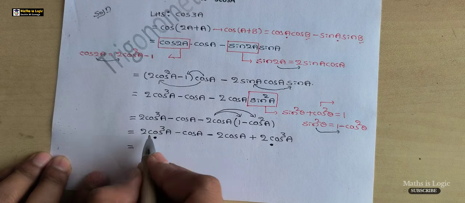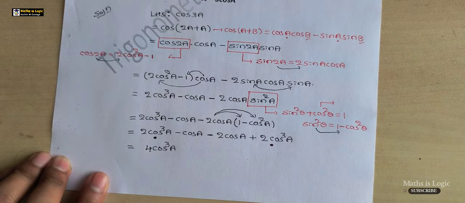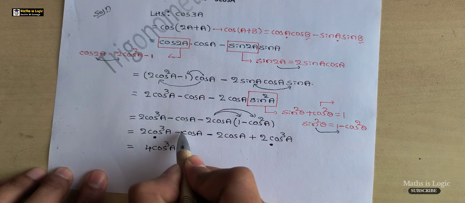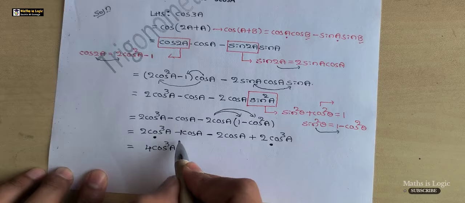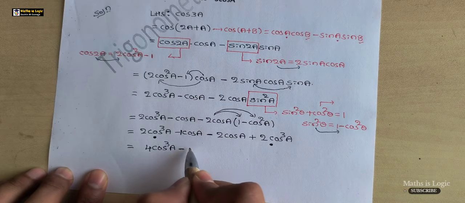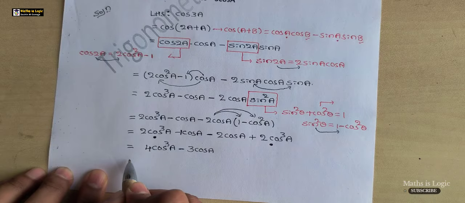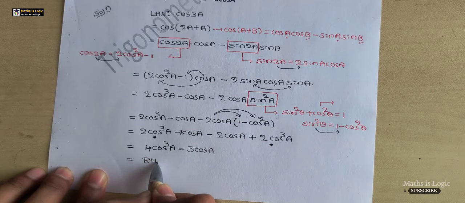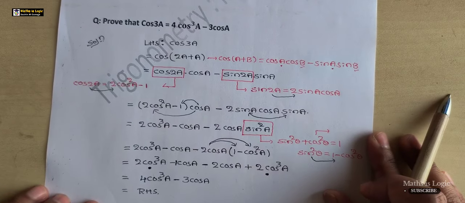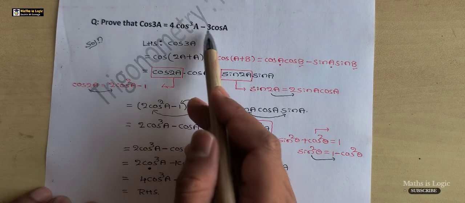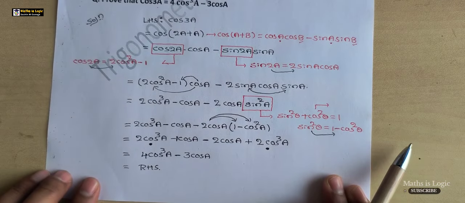So 2 plus 2 is 4 times cos cube A. Next, here minus 1 times cos A minus 2 times cos A, minus 1 minus 2 is minus 3 times cos A, which is equal to which part? RHS. So LHS is equal to RHS. That result only we need to prove: 4 cos cube A minus 3 cos A.